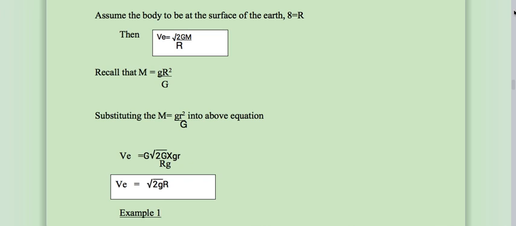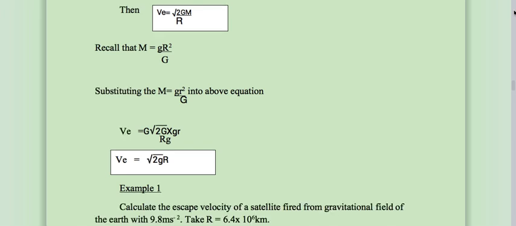The first one, escape velocity v, is equal to the square root of 2GM all over big R, while the second one is escape velocity v equal to the square root of 2gR, where g is the acceleration due to gravity and the capital R is the radius of the surface of the earth.